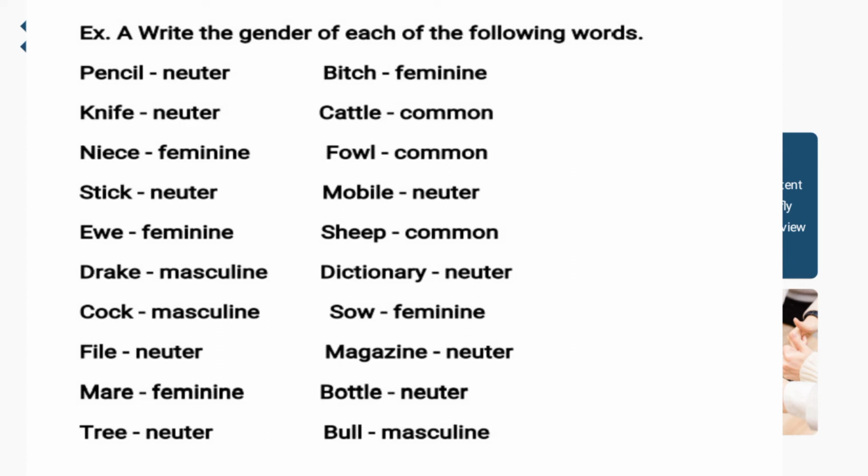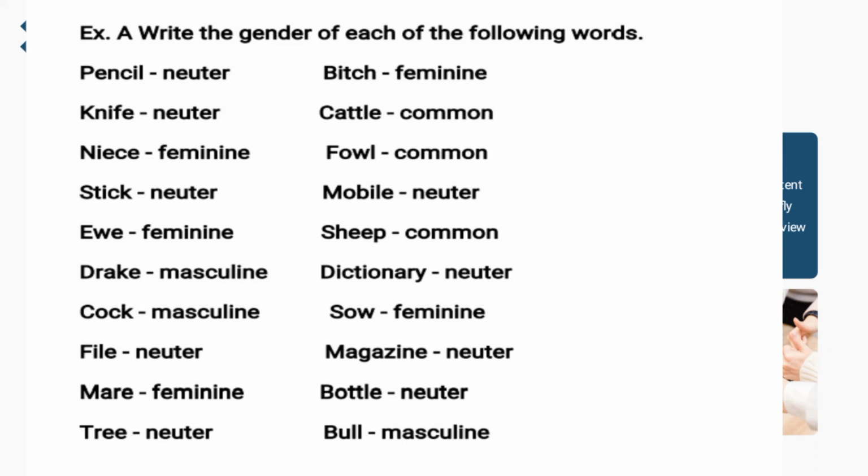Now, note down the answers in your book. You can fill the answers in the book. Like pencil is neuter, knife is neuter, knees feminine, stick neuter, Eve feminine, Drake masculine, cock masculine, like this. Note down the answers.